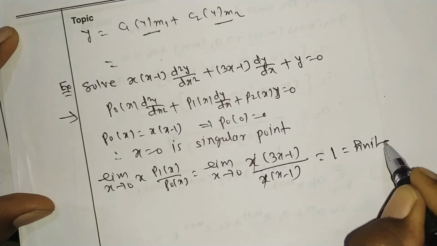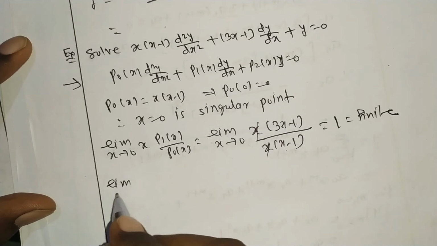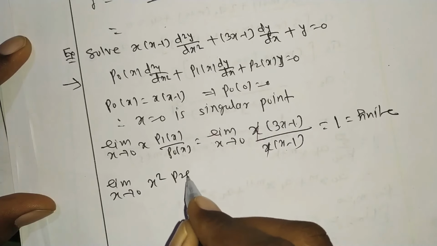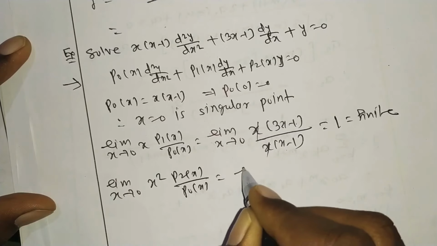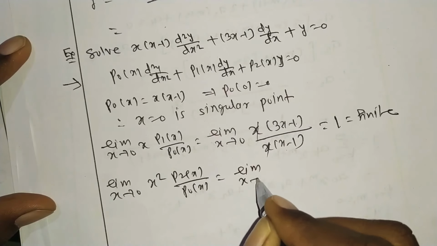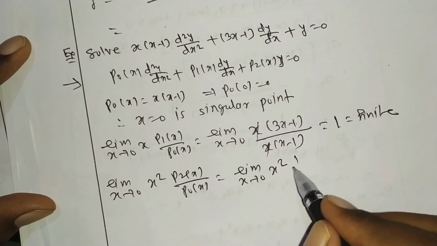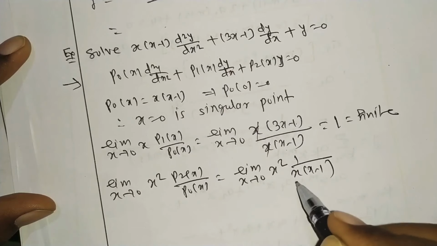So this is finite. Similarly, if we find the second condition, that is limit x tends to 0, x² p2(x) upon p0(x), this is equal to limit x tends to 0, x² into 1 upon x(x minus 1).